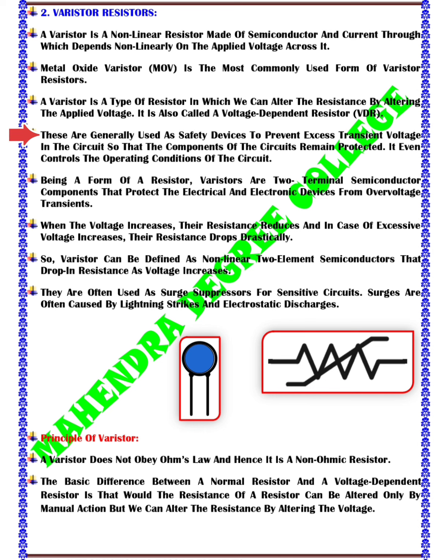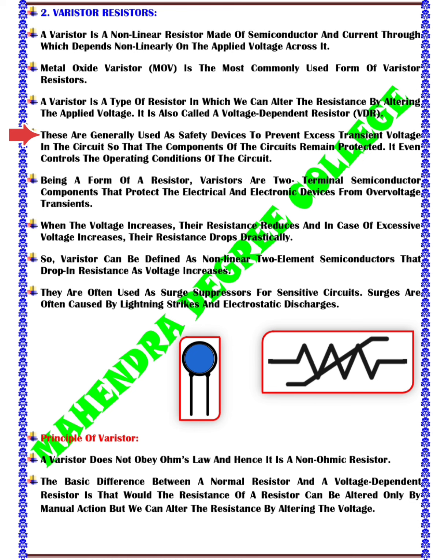These are generally used as safety devices to prevent excess transient voltage in the circuit so that the components of the circuits remain protected. It even controls the operating conditions of the circuit. Varistors, also known as voltage-dependent resistors, are used as safety devices in circuits to protect components from excessive voltage surges and transients.